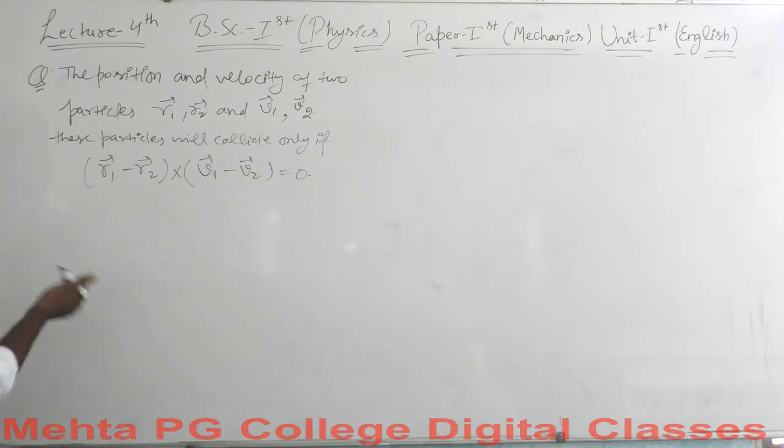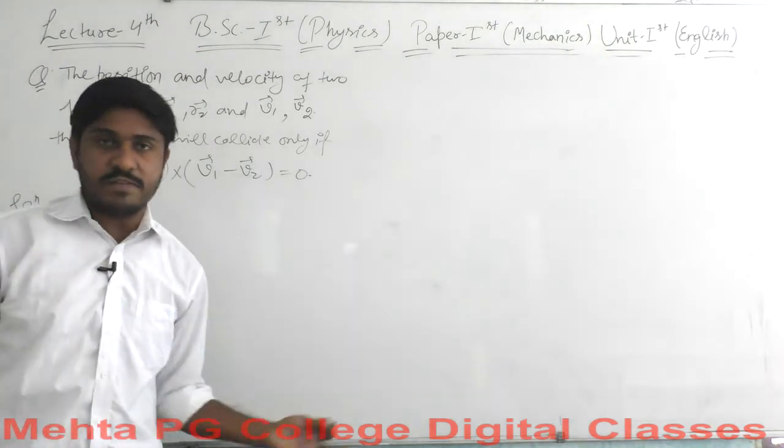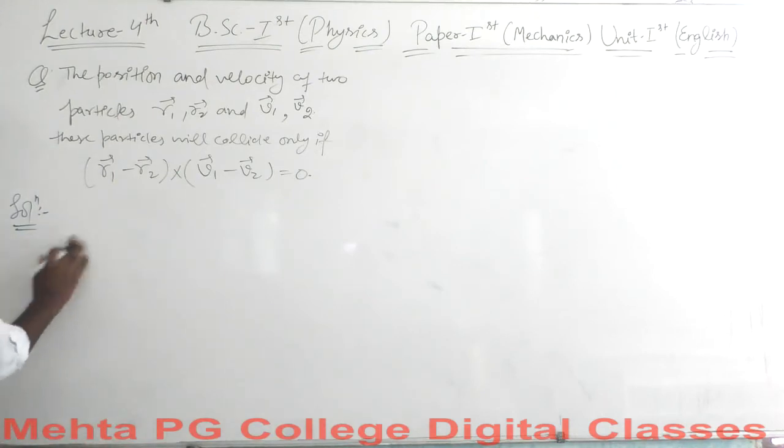Let's begin with the position of the first particle after t seconds. These are the initial positions, and v1, v2 are the initial velocities.